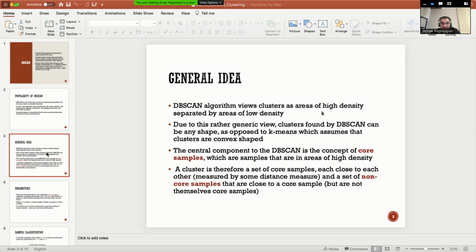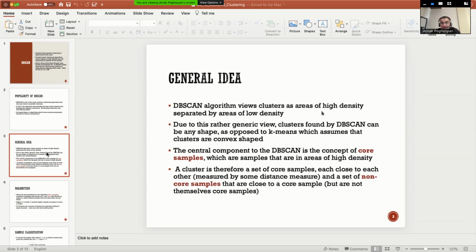And the central idea of DBSCAN is the concept of core samples. So when you are performing DBSCAN clustering, you are labeling observations. There are three different kinds of observations. So we have core samples, we have boundary samples, and we have outliers. So the core sample is the basic idea within this DBSCAN clustering. These are samples that are in areas of high density.